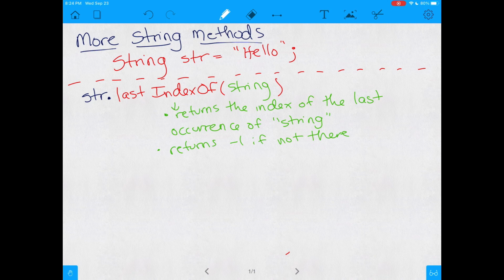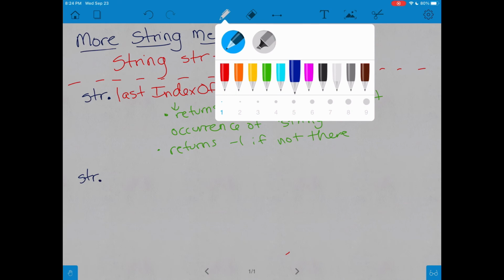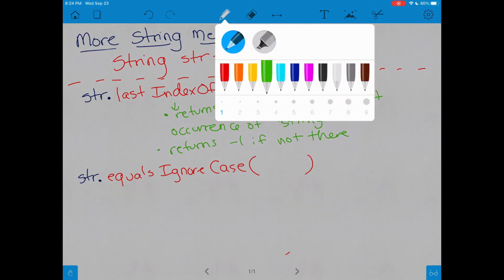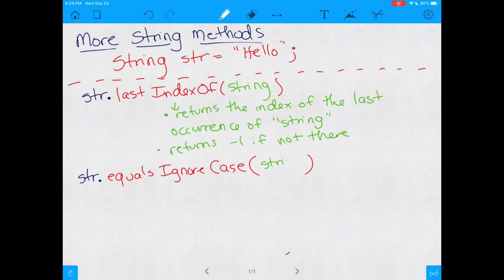Another one, we've talked about dot equals and how dot equals compares letter by letter, but there's also a dot equalsIgnoreCase. And again, the parameter here is a string.